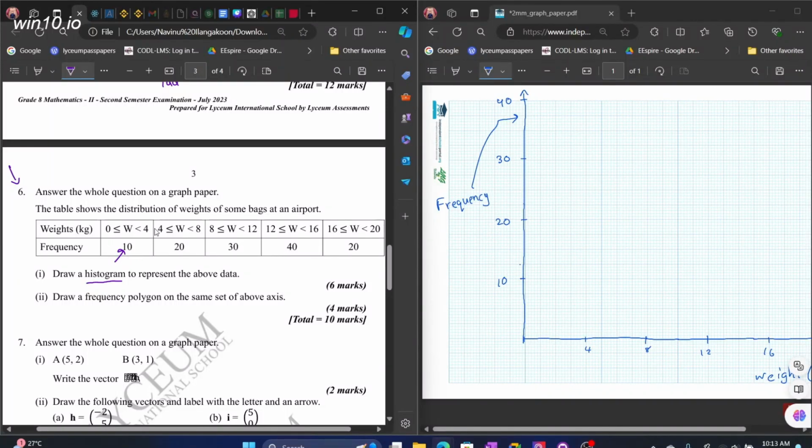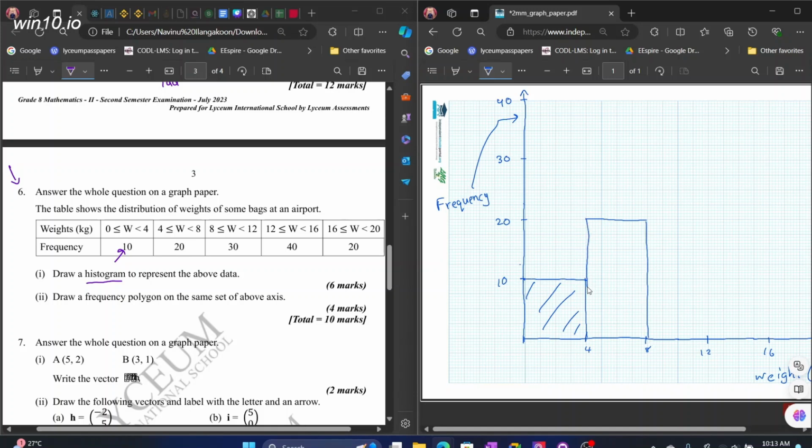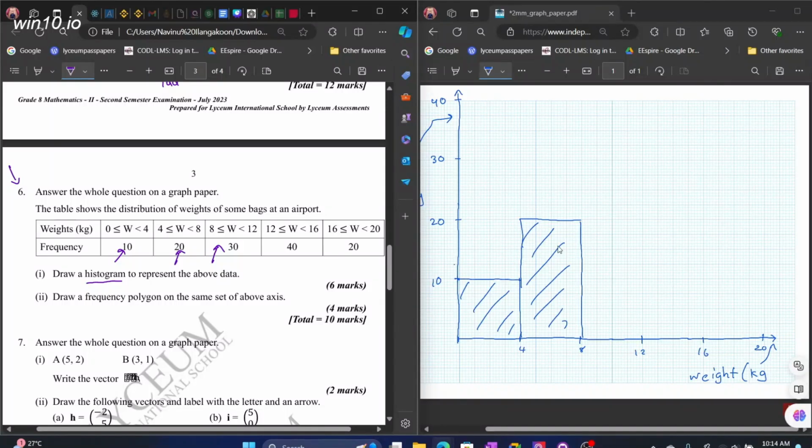So the first one, 0 to 4, it's 10. So I am drawing 0 to 4, 10. And after that, 4 to 8 is 20. Then we are here in the 8 to 12, and that's 30.